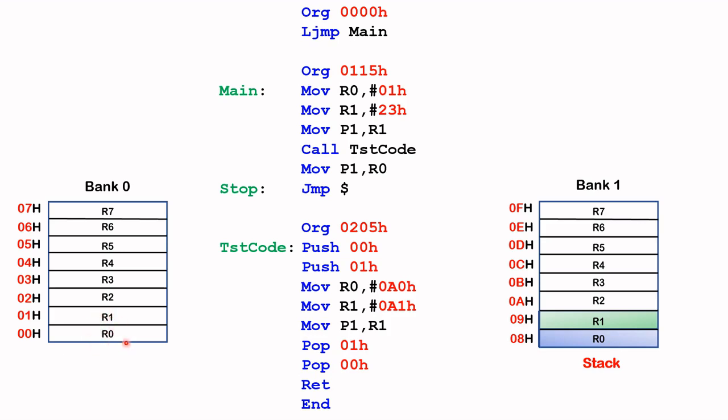Hope that's not too confusing. So basically, the last one in will be the first one out. All right, last in, first out. And then it returns control back to the main program, outputs the contents of R0 to P1, and then jumps and comes to this point where it will stay here.